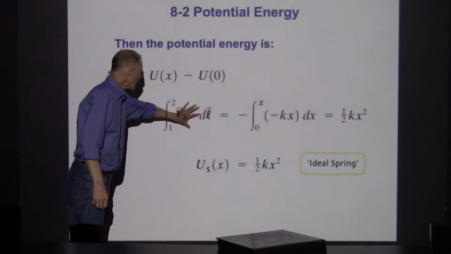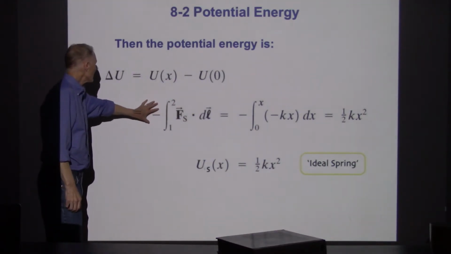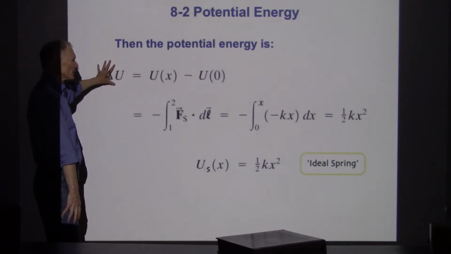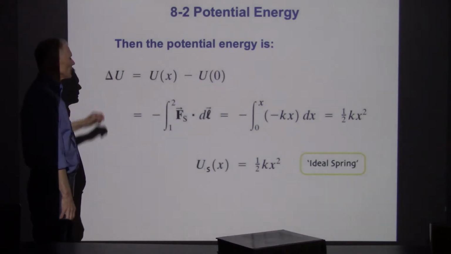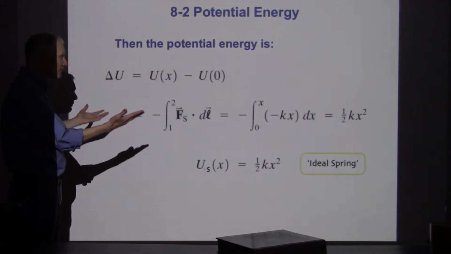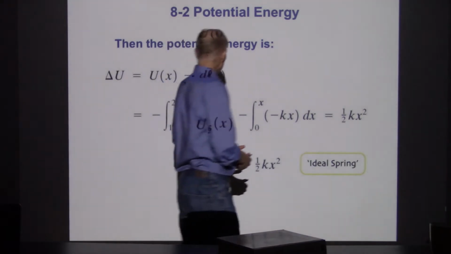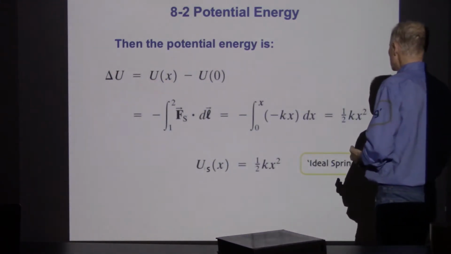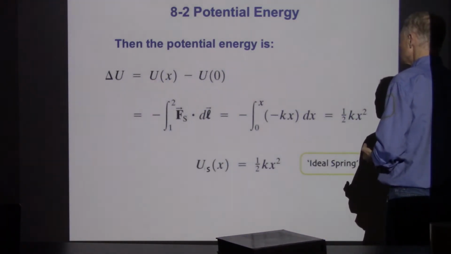That gives us a minus sign here and a minus sign here, and that gives us an increase in the potential energy. And so we can write that as 1/2 kx squared. Okay.